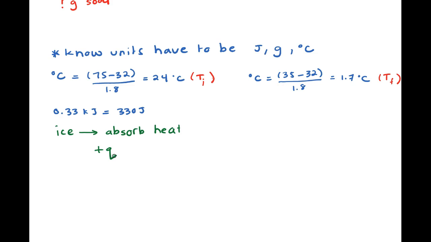It's coming from the heat given off by the soda. So our drink, okay, this is going to be the one that's releasing heat. So we can think of it as being an exothermic process. It's giving off heat. This should have a negative value of Q, right?